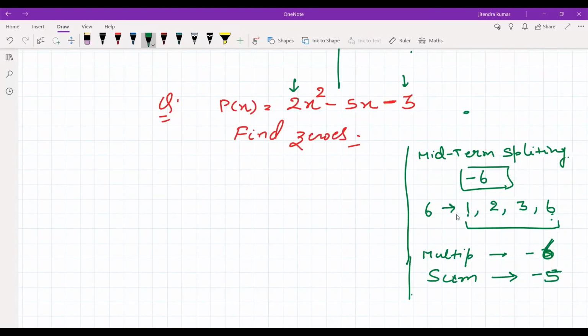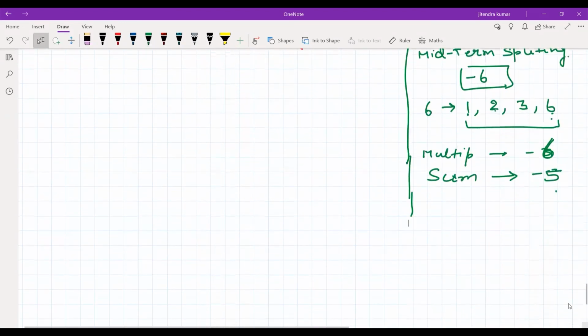There are other options also, like 2 and 3. If we choose -2 and -3, then we can get -5, but when -2 and -3 get multiplied, we will not get -6, we'll get +6. So we have two options here: either -2 and -3, or -6 and 1.